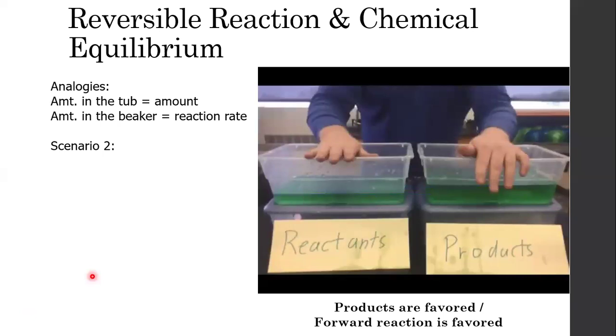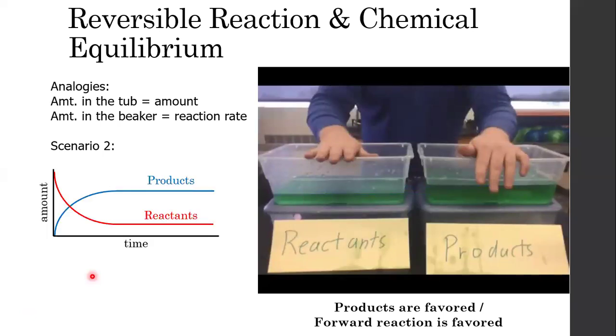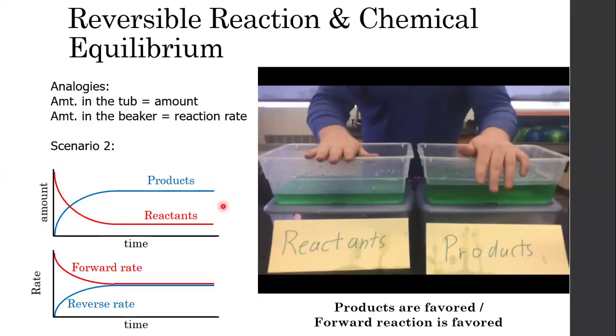Okay, but look at the amounts. So for this second scenario, we started with initial amounts, same as with scenario one, okay? But we ended up with greater amounts of products and lesser amount of reactants. However, for the rate, it's still the same, okay?